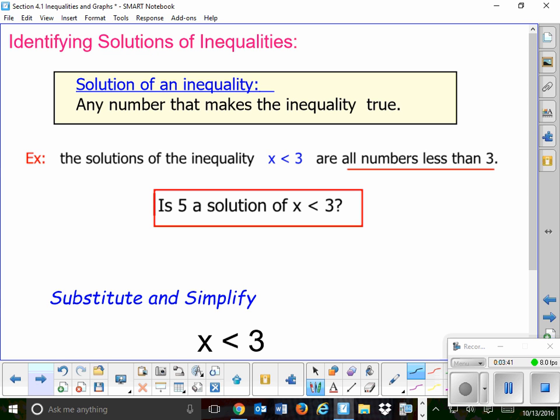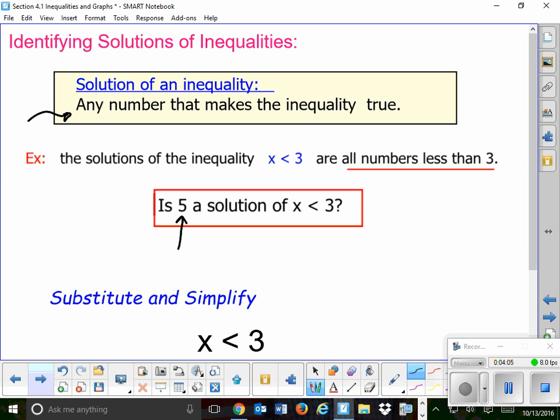If we're on an inequality, the solution of an inequality is any number that makes the inequality true. Where an equation has one solution, an inequality has many. The solutions of the inequality x is less than 3 are any number less than 3. So here's my question: is 5 a solution of x is less than 3?